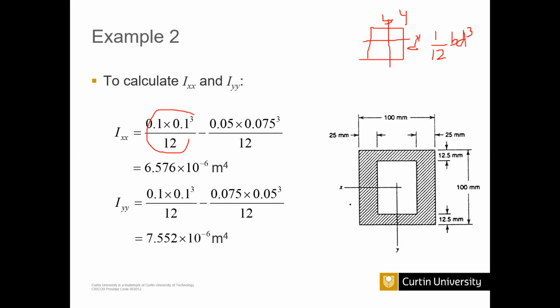When you consider Iyy, you need to consider this as B and this as D, because it is the YY direction. I think you know these theories. So you can find Ixx and Iyy, the second moment of inertia.